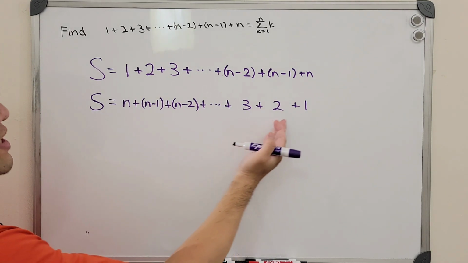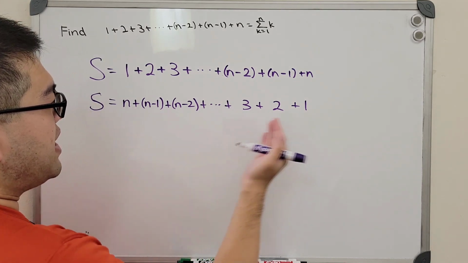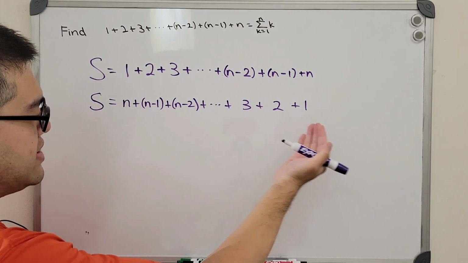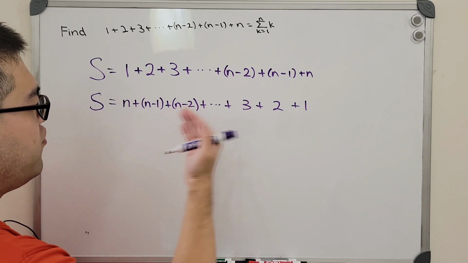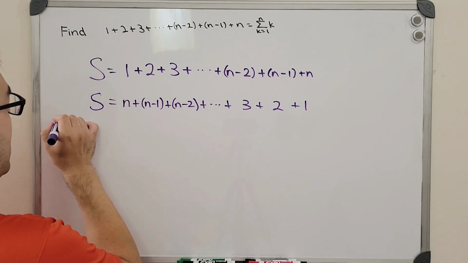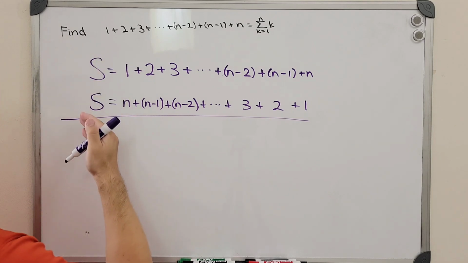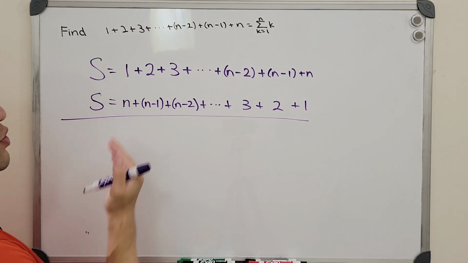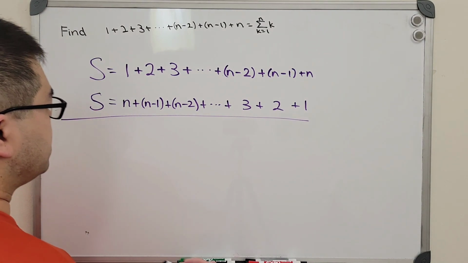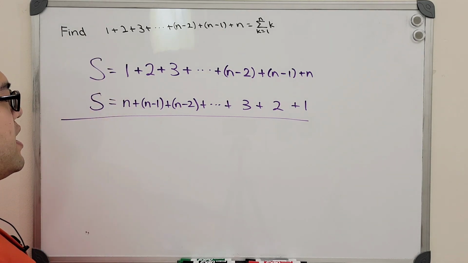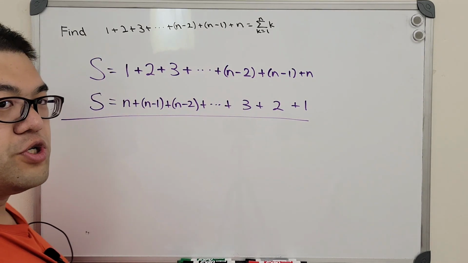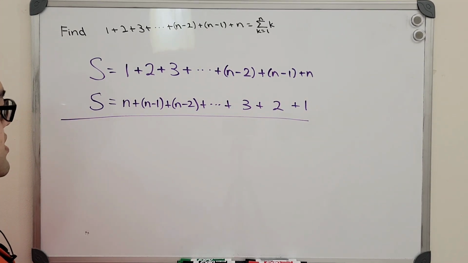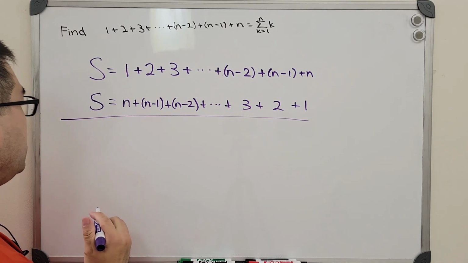But we can still see that there are exactly n terms, and those n terms are exactly the same except in a different order. So now we can just add the two equations together. Yes, we're going to pretend they are equations, such that on the left-hand side, those two should end up with the same value, which is what we call S at the moment.